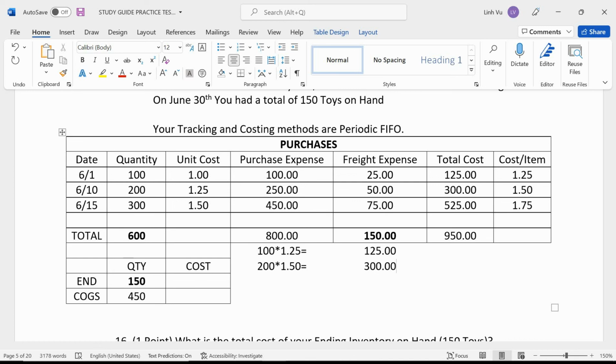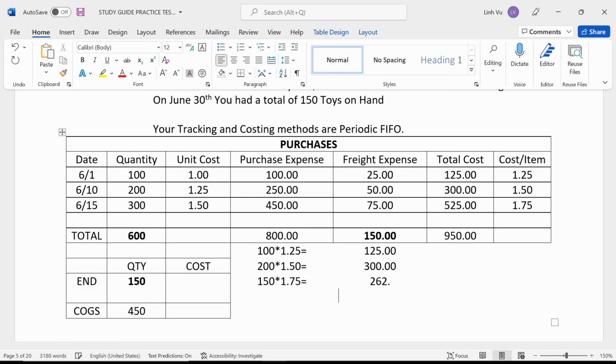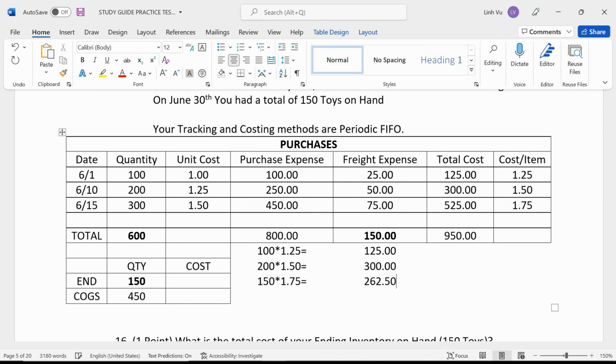So now I only have one batch of inventory left, and how much do I need to sell from there? 150 at $1.75, which will give you a total of $262.50.